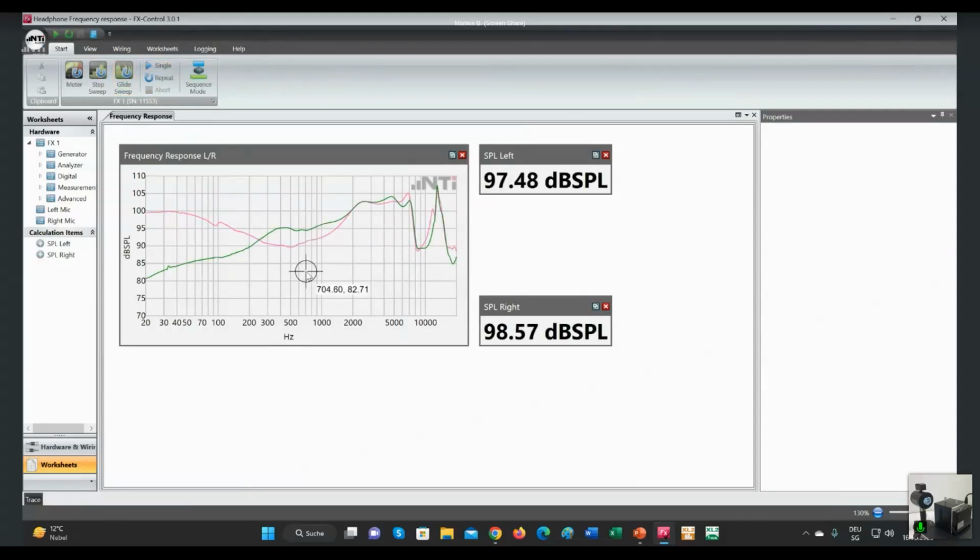Okay, what we see here now are the two frequency responses of the earbuds in my test jig, the green one for the left channel, pink for the right one. So you see they are quite differing, and there is a pretty simple explanation for that. Apparently the left earbud is not correctly inserted into the test jig. So I'm going to redo that.